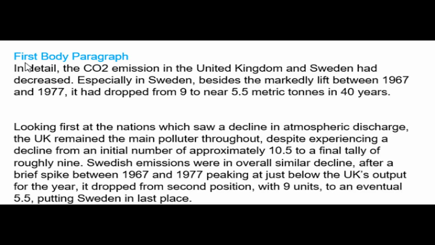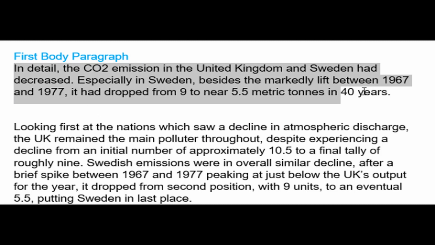Okay, now getting to the first body paragraph. Remember, I separated the initial long paragraph into two parts because we do need to compare, and it's more difficult to compare if you don't logically group your data. So I'm grouping the UK and Sweden together because they both show a decrease, and we'll get to the countries that show an increase in just a second.